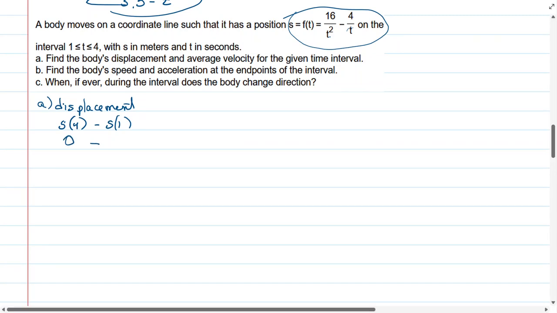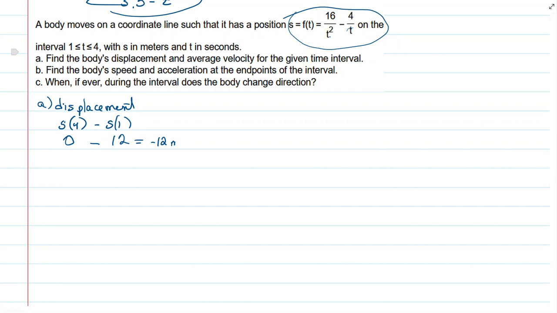It's 0. And then the 1 makes it 16 minus 4. So we get negative 12, going downward. And this was in meters.